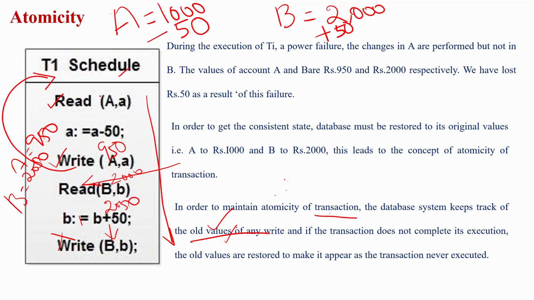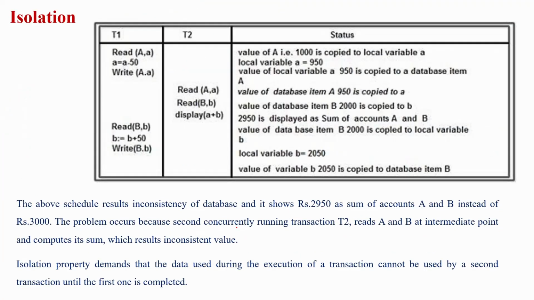Clear? So next one is isolation. For isolation, the T1 process is the same. We subtract 50 from account A and add 50 to B's account. In transaction 2, we just add A's amount and B's amount.